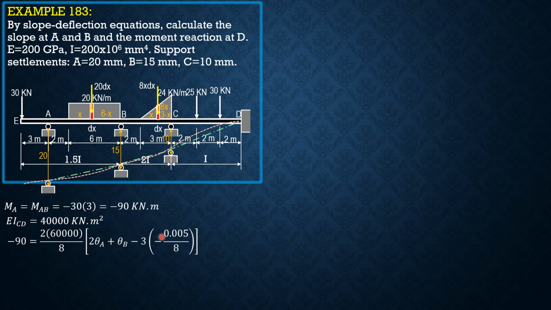So that's why the delta is treated negative 5, because the chord rotates counterclockwise. Remember the sign convention for slope deflection equation: clockwise rotation positive. So that's why delta is negative 0.005 meter, 5 mm, over L, which is 8. And the moment of inertia of AB is 60,000, and we use 2EI over L because both ends have moments.